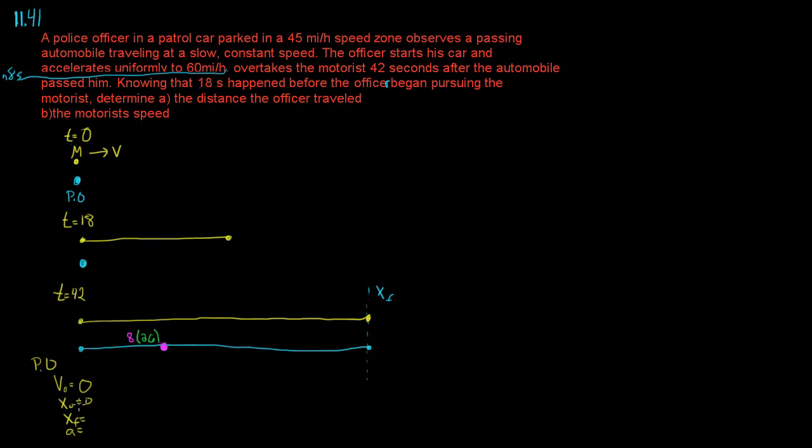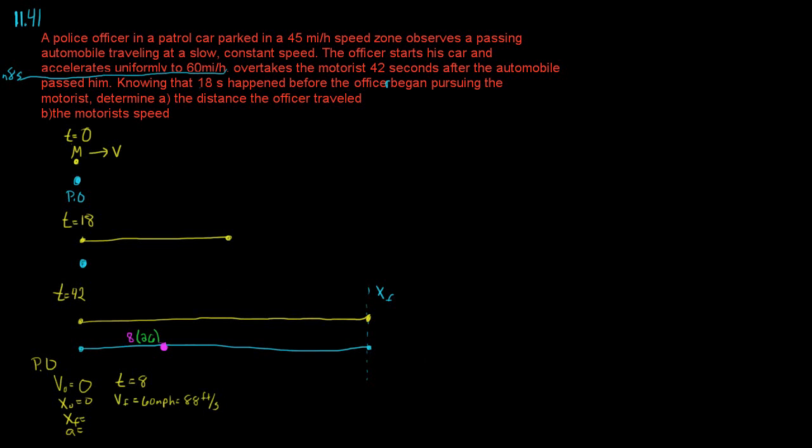We know the time it takes for him to get this far is 8 seconds. And we know that the final velocity is equal to 60 miles an hour, and this is equal to 88 feet per second.